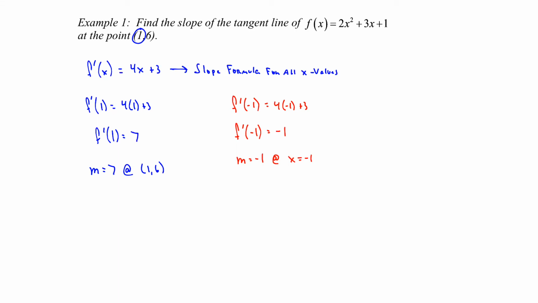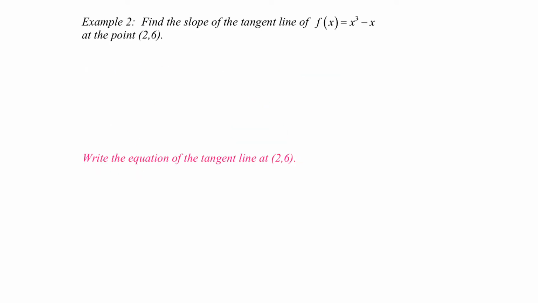We can find all different values of the slope at different points on the graph of this quadratic. So with a quadratic, we will get some negative slopes, and then we'll get some positive slopes, and we'll even get a slope of 0 at the vertex. So that's what we're doing, being able to find the slope, which is the rate of change, at any point of any graph using the derivative. So let's add to our last question.